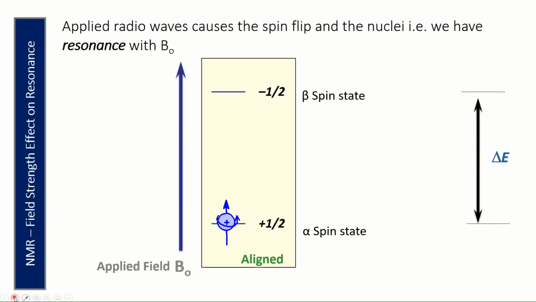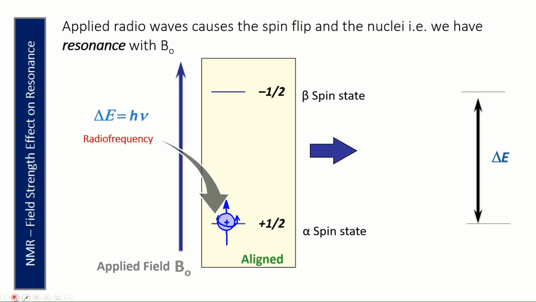So herein we're taking advantage of this, because right after we apply our field, we have two different spin states. Realize that we can apply radio waves, or energy corresponding to that frequency gap.